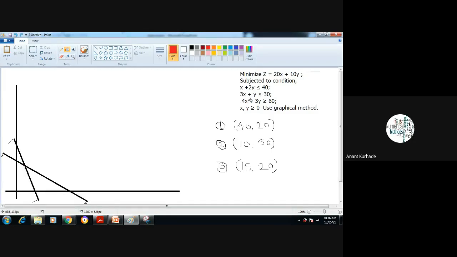Now, the most important part. Once we draw this inclined line, 15 comma 20, we start from 10 on the x axis, and say this is 15 and 20.